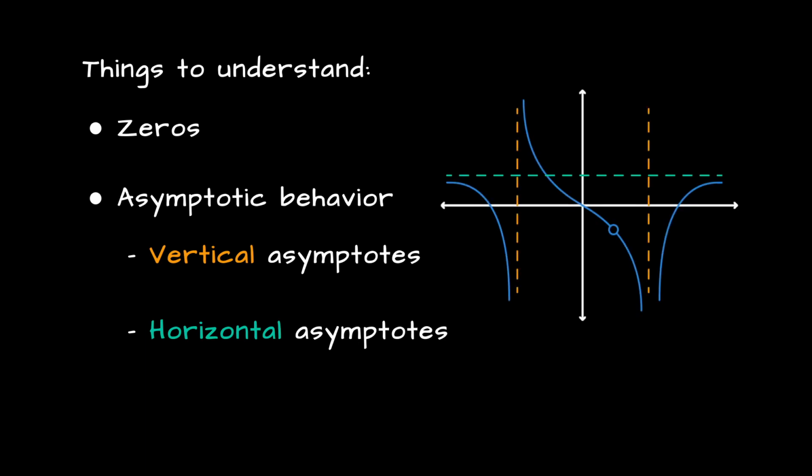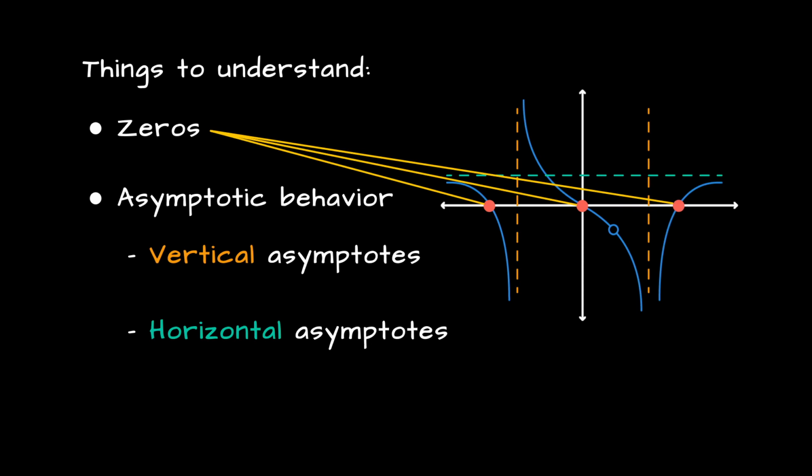Okay, so far those are just words on the screen. Shown here is the graph of what an actual rational function may look like. The blue curve here represents the graph of an actual rational function. Let's see how the different features of the graph relate to the words that we just put on the screen. The zeros, of course, are the places where the graph of the function intersects the x-axis, right?